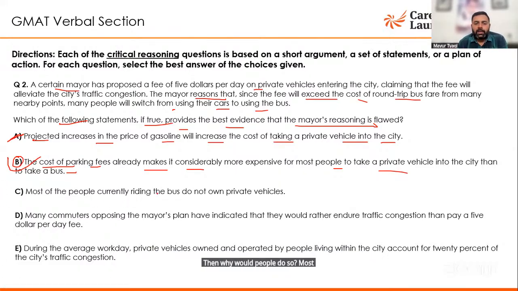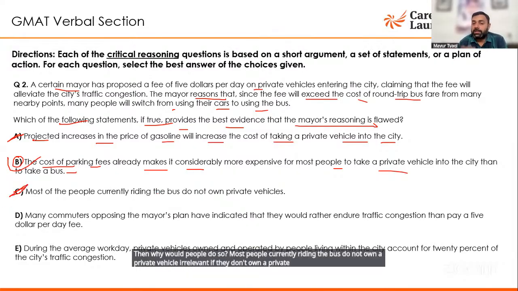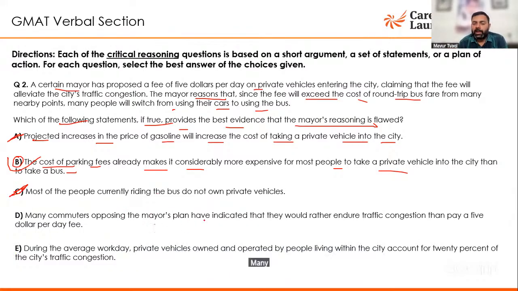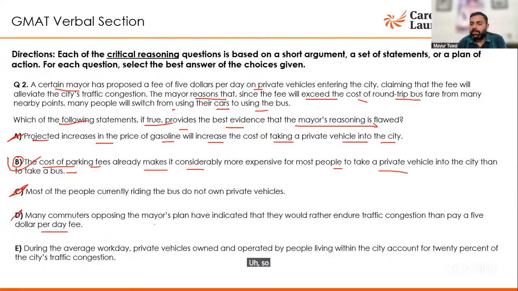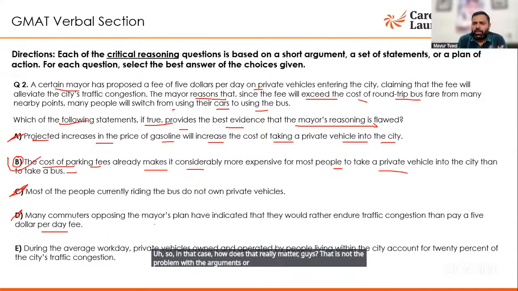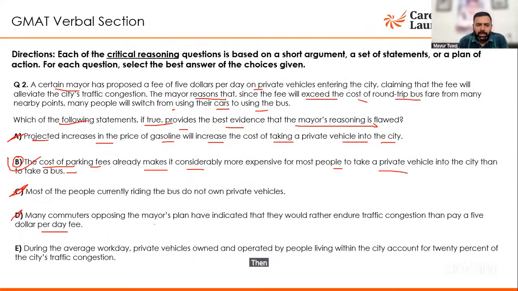Most people currently riding the bus do not own a private vehicle. Irrelevant, if they don't own a private vehicle, that doesn't tell me the problem with the reasoning, right? Many commuters opposing the mayor's plan have indicated that they would rather endure traffic congestion than pay a fine. So in that case, how does that really matter, guys? That is not the problem with the argument's reasoning, right? And more importantly, if they're not really taking their own vehicle, then how would that matter, right? There will be no traffic in the first place.